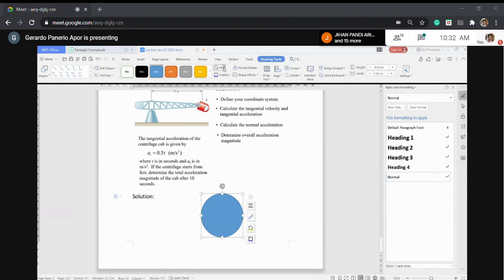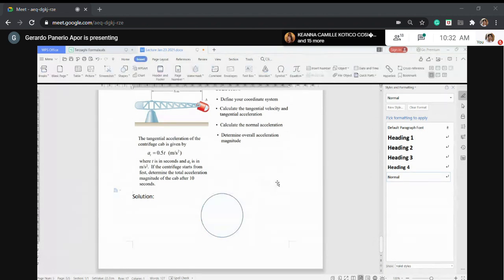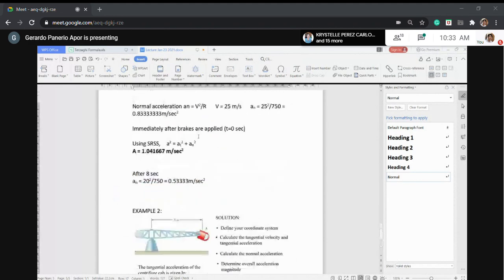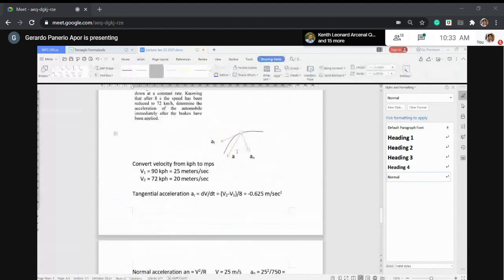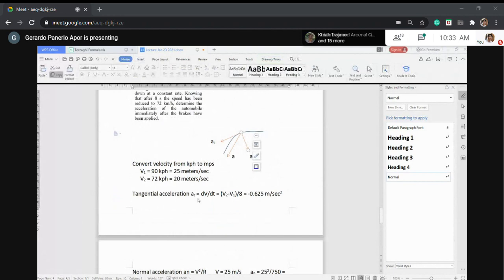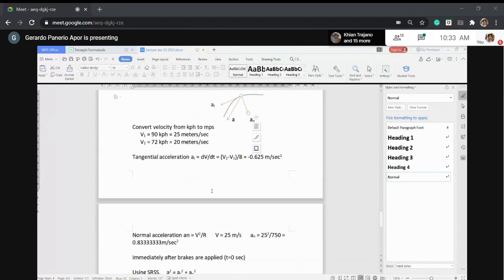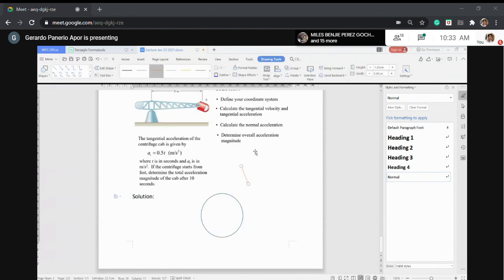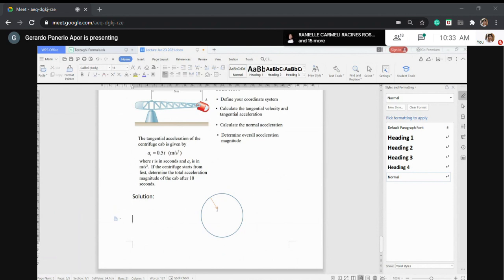Then 1, 2. First is the path, as you look at it from a bird's eye view. Then the normal component.